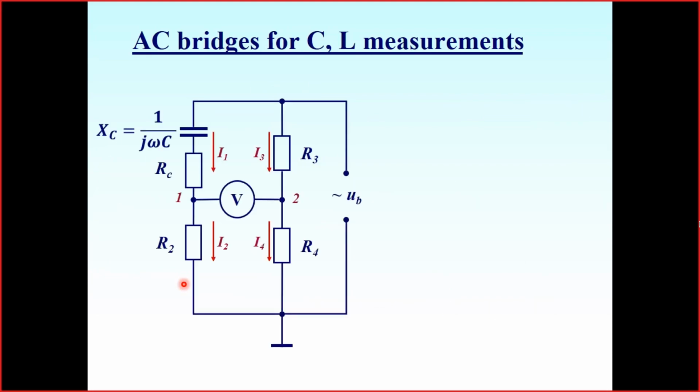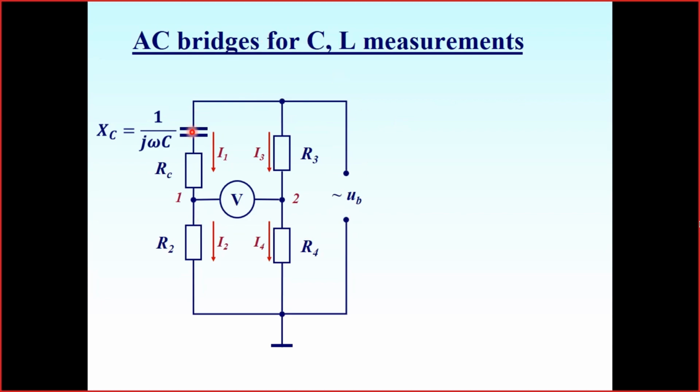Well, if we consider a measurement of the capacitor in the bridge, would we be able to perform this measurement and balance the bridge? First of all, we should understand that in such a case, when we wish to measure the parameter of the capacity, we have to switch to the AC current, and then the AC current could flow through the capacitor.